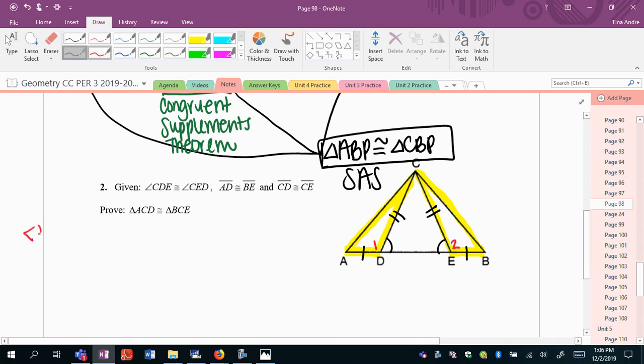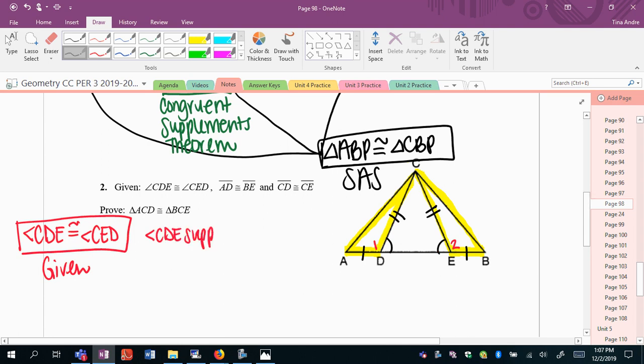So I can say angle CDE is congruent to angle CED. So that was given. I also am going to go ahead and say that we have these supplementary angles here because the angles form a straight line. That's a conclusion I can make from the diagram. So I'm going to go ahead and say CDE is supplementary to angle 1.